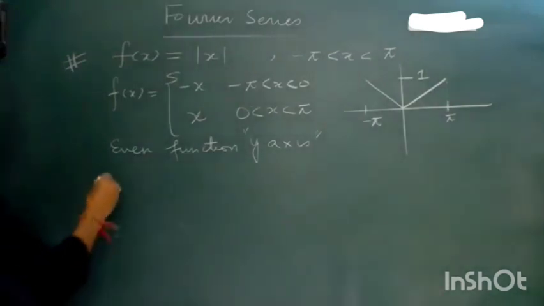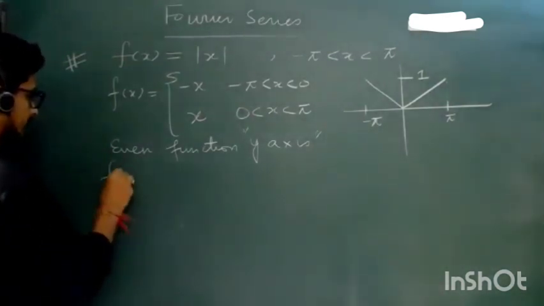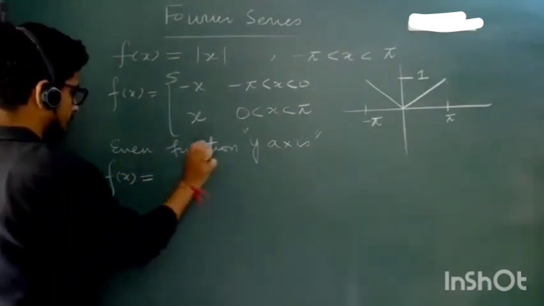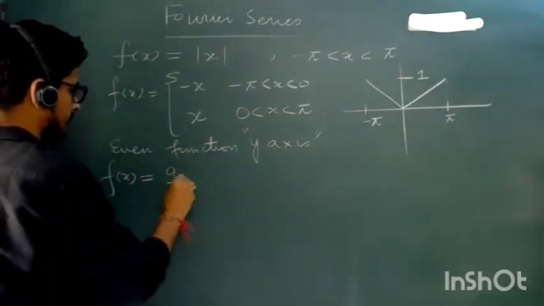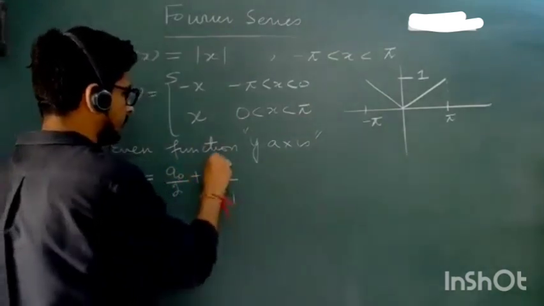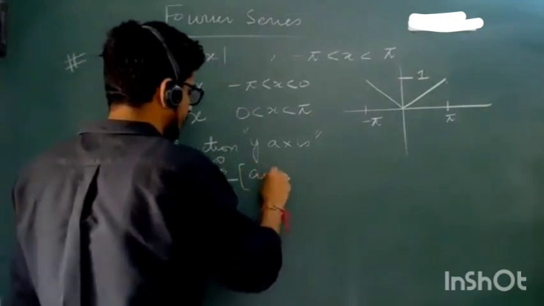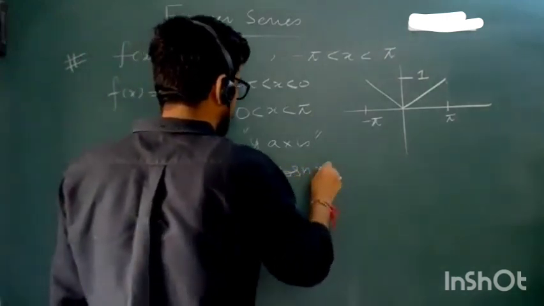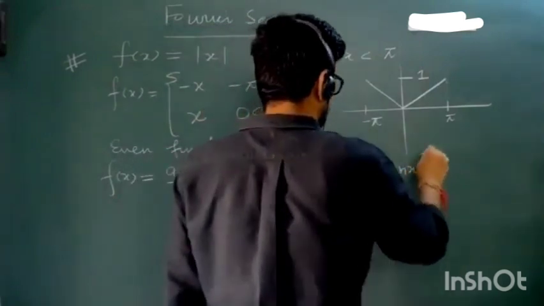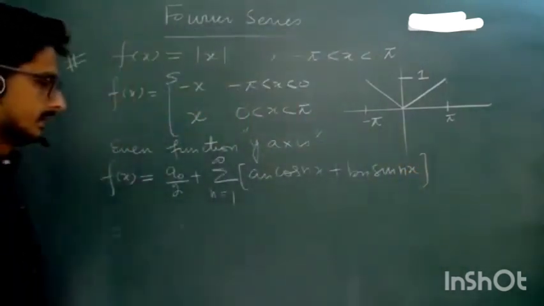So if I write this as f(x) = a0/2 + summation n = 1 to infinity of (an cos nx + bn sin nx).